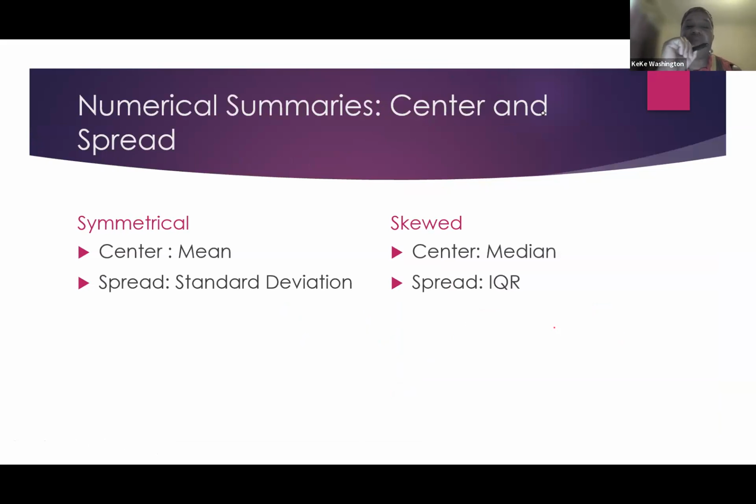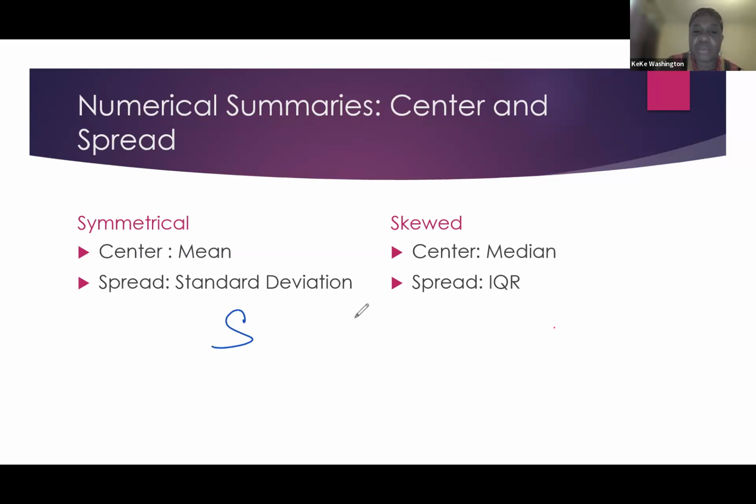All right, and remember, we only use SOCs when we have numerical variables. So when we create our graphs and it's time to summarize and interpret, we use SOCs because my data is numerical.